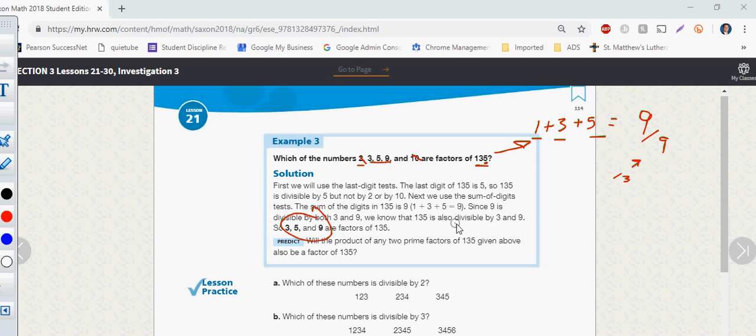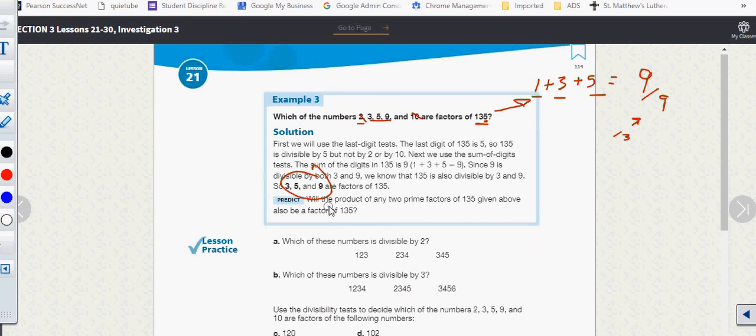Will the product of any two prime factors of 135 given above also be a factor of 135? Think about that to yourself. Prime factorization of 135.